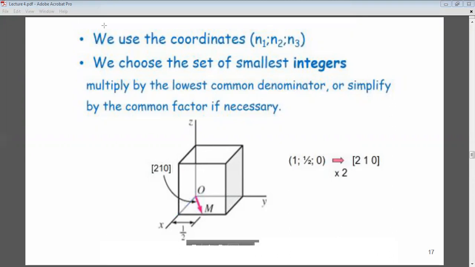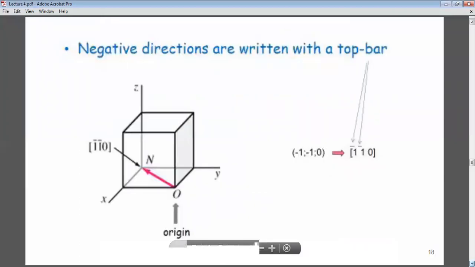Now, if we have negative directions, we write it with a top bar. So for example, if this is my O and this is my N, and ON is my crystal direction, okay? How do we go from O to N? We go like this. We go -1 along the x-axis, right?